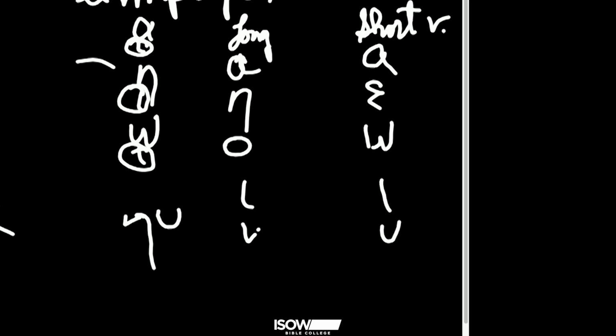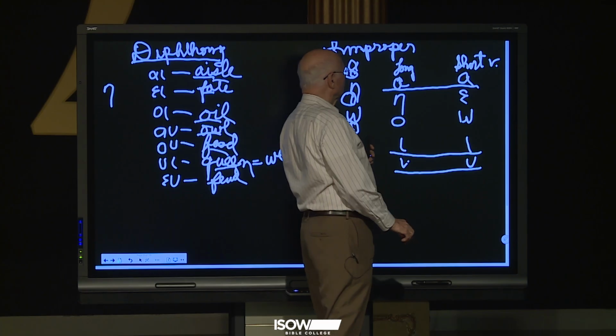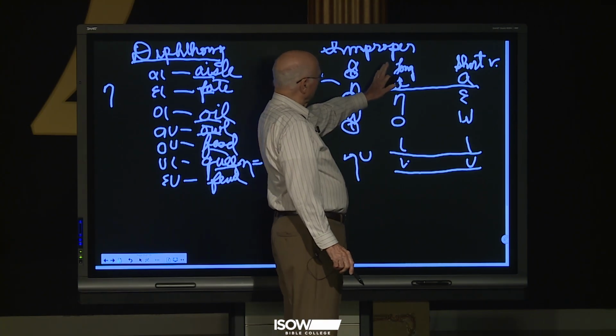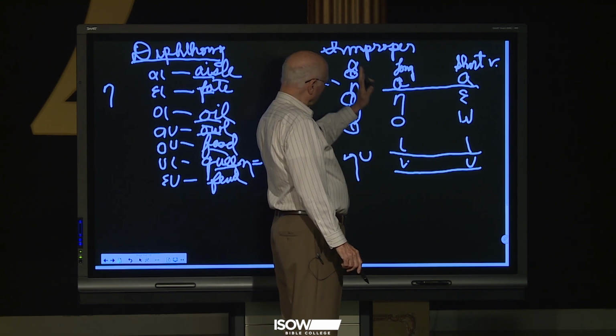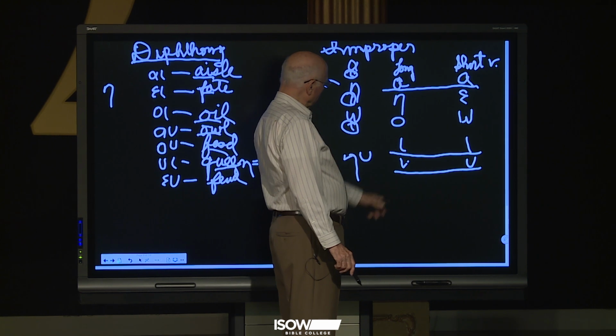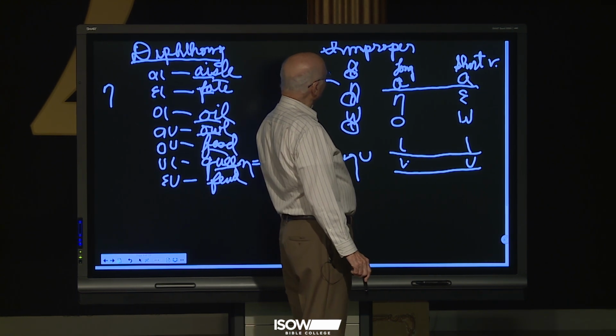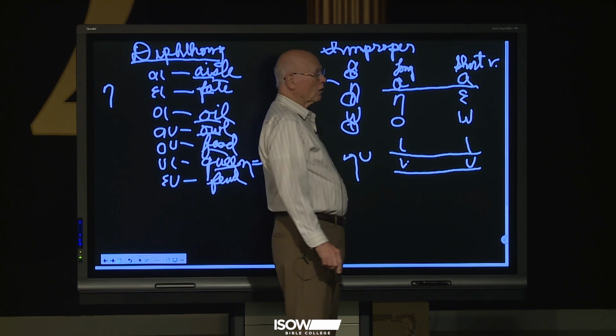Now, you will note here that the alpha doesn't change forms when it's short. The iota doesn't change forms when it's short, and the upsilon does not. What you do is simply for the long vowels, long alpha, long eta, long iota, and long upsilon, you simply hold those a little longer than you normally would.